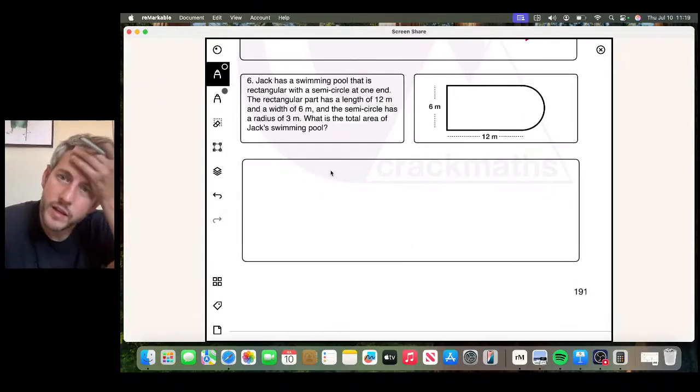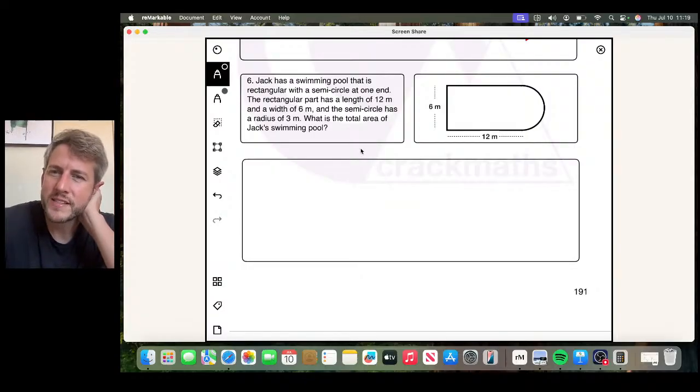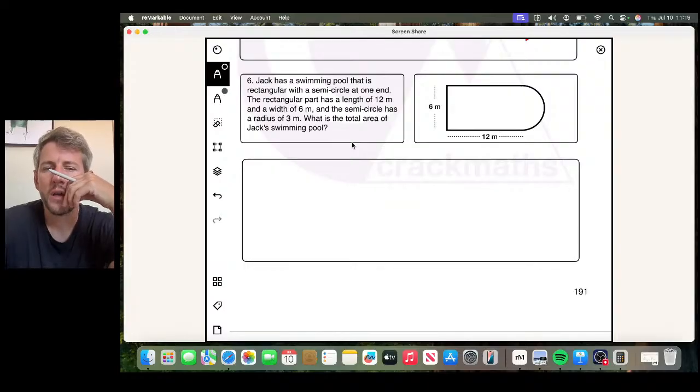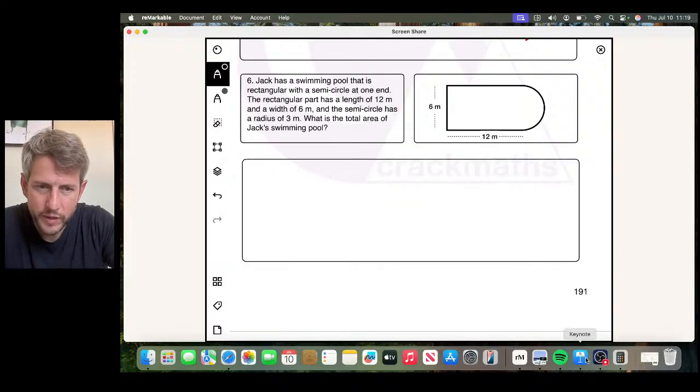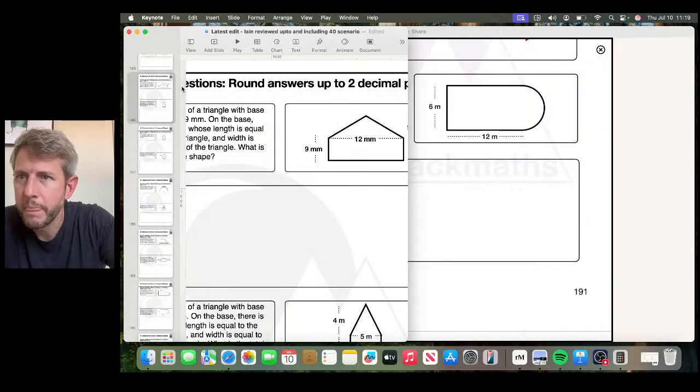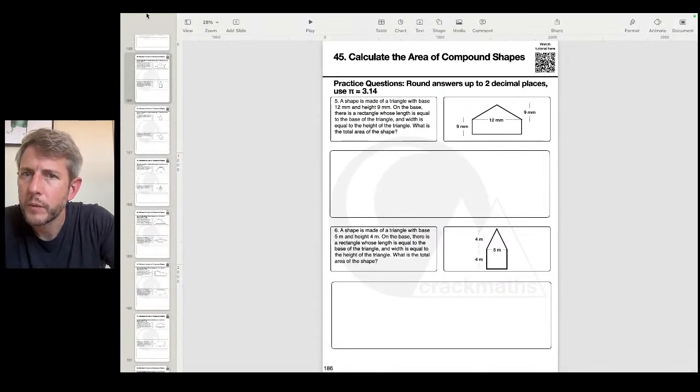Right. Jack has a swimming pool that is rectangular with a semicircle at one end. Oh, one second. Before I do these, I just want to quickly get rid of that space that I spotted.